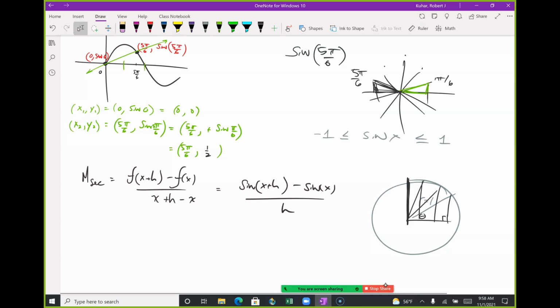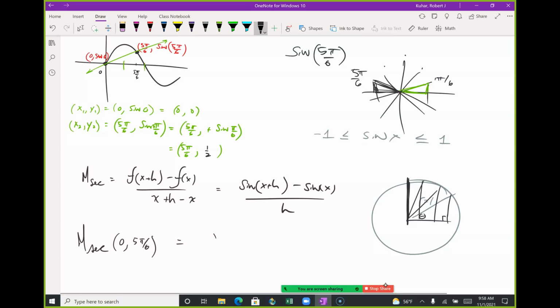Now I know something else, right? I'm getting my secant slope when x is 0 and my distance h away is 5 pi over 6.